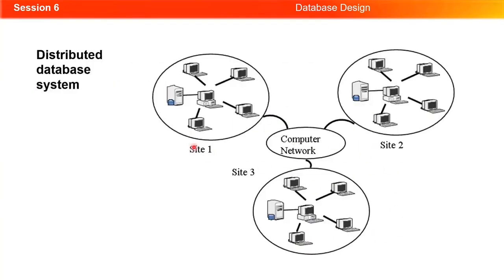Here we can see an example of the various sites and the nodes and how they will communicate over the network. Different topologies can be set up, and the nodes can communicate. Typically, it's the database node that needs to communicate with the other database node in order to deliver the required data back to the client.